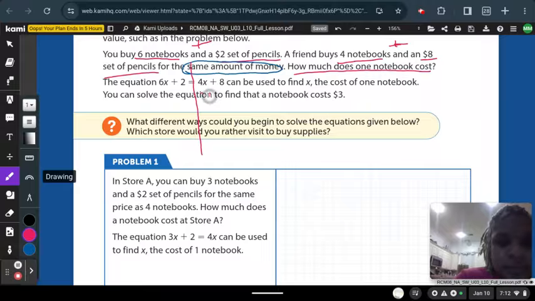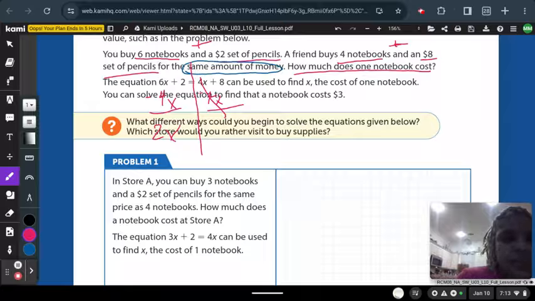I'm going to take away 4X from this side and 4X from over here. When I do that, that cancels out and I'm left with 2X over here plus 2. And this equals 8 over here.